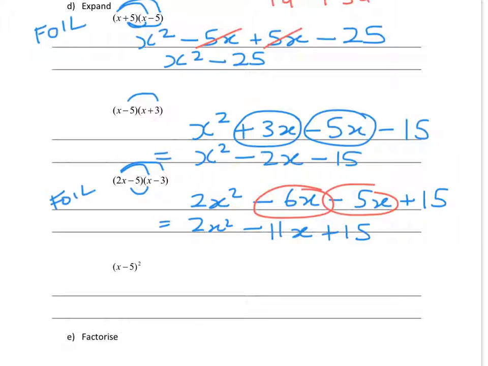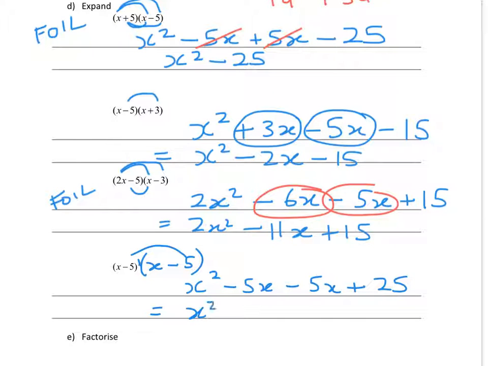The last example, they haven't written out both brackets, but because it's squared, that x minus 5 is multiplied by itself, another x minus 5. And we can expand that as you would normally with FOIL, x squared minus 5x minus another 5x, and then negative 5 times negative 5 is positive 25 on the end.